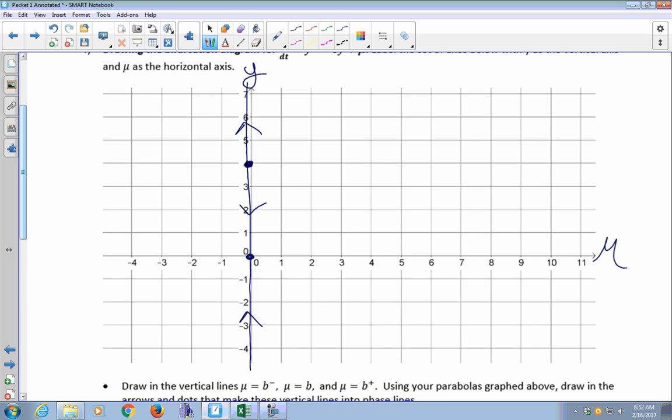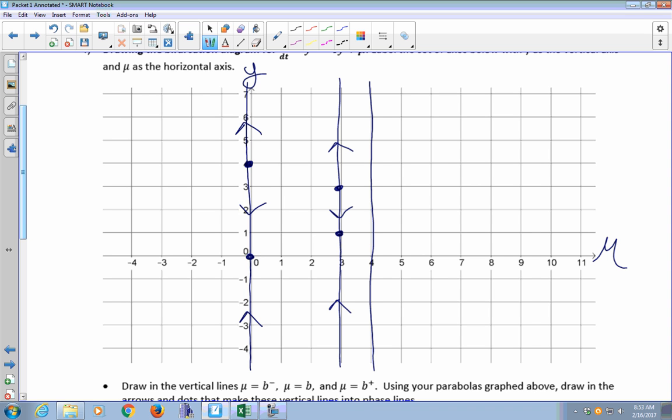So I'm going to put a vertical line at mu equals 3. And it had equilibrium points at 1 and 3. And it also goes up, down, up. And then at 4, I can draw my phase line because I have a parabola that I can follow.